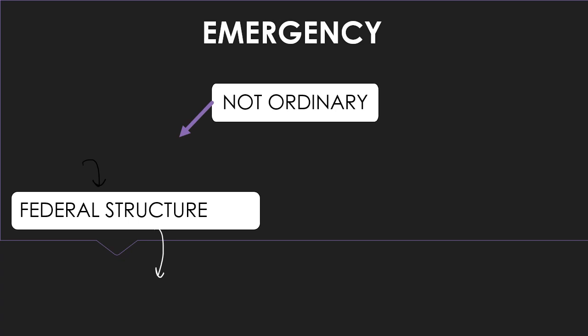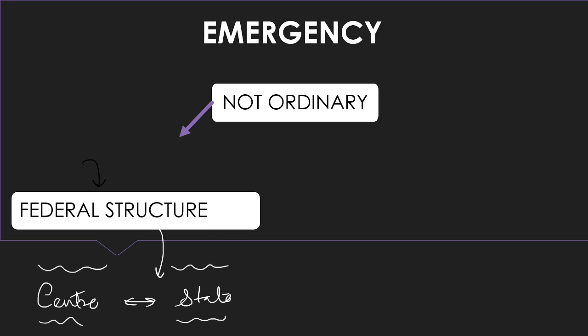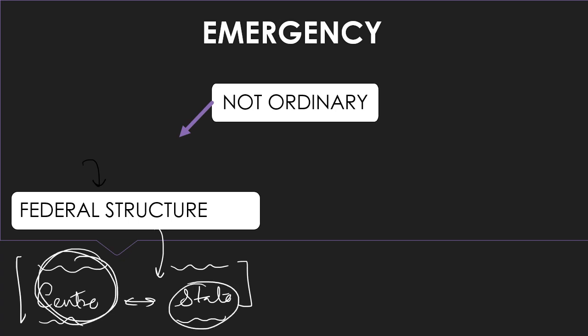We know that the federal structure means that there are two tiers of government. There is the center as well as the state, and both of these have their own spheres of activity and they have their own lists on which they operate, their own subject matter. This is the federal structure. Now, in times of emergency, the center becomes more important than the state, and therefore the federal structure is affected.